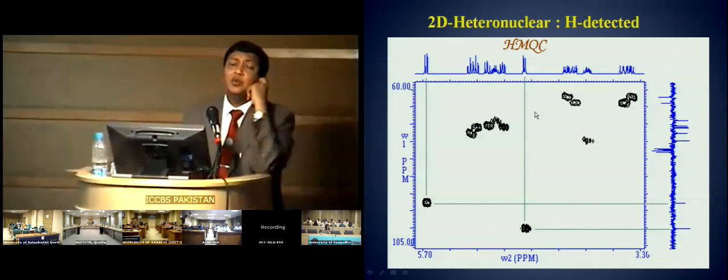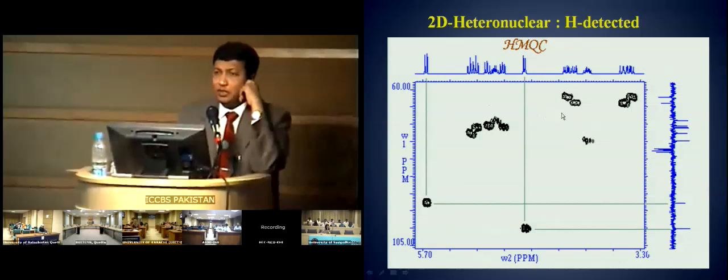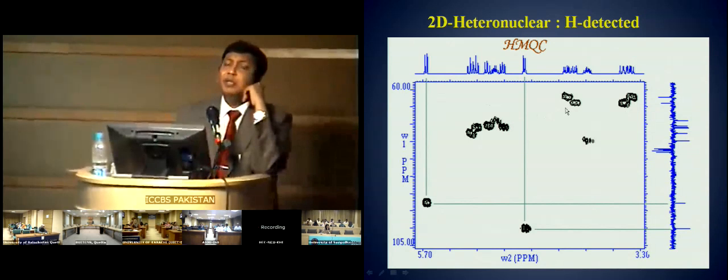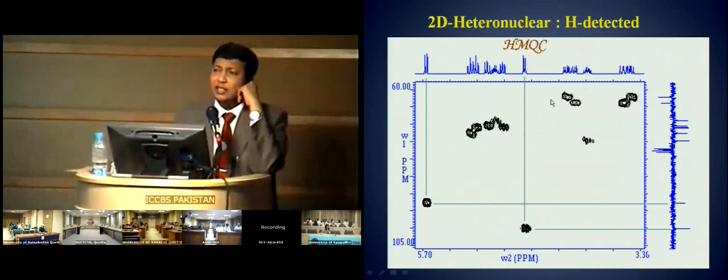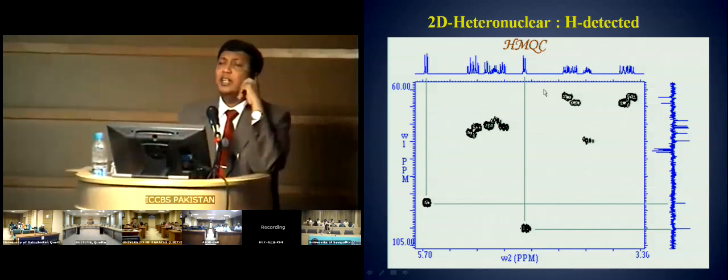Number 3, you would be able to identify geminal pairs of protons, because when there are two protons which are coupled to the same carbon, it means it is a CH2, right? This is the only technique through which you can detect geminal pairs.